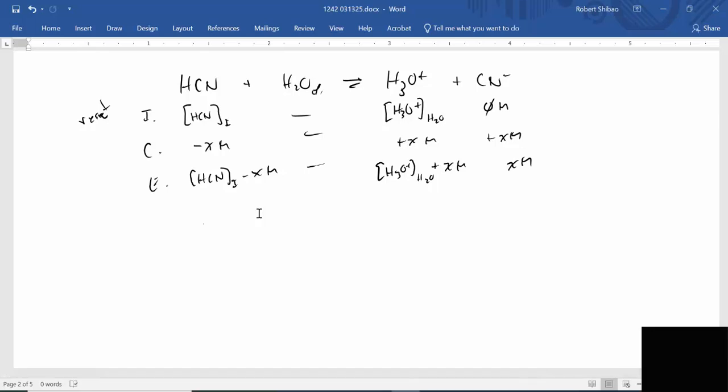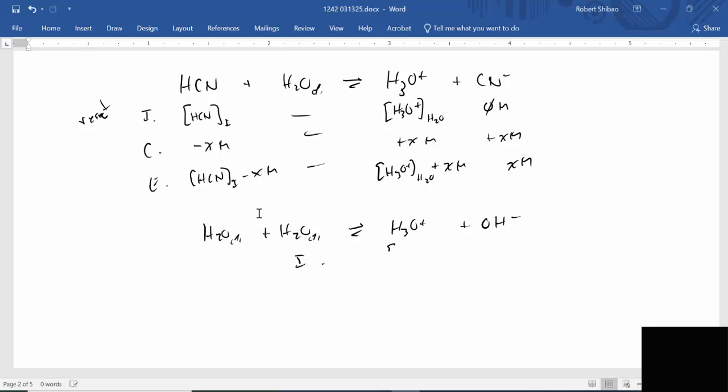Now, when I go to water, I'm going to do a similar thing. For water, I'm going to reset this so that no water has hydrolyzed yet. And therefore, the hydronium in there came from, H2O is a pure liquid, so I'll ignore that.